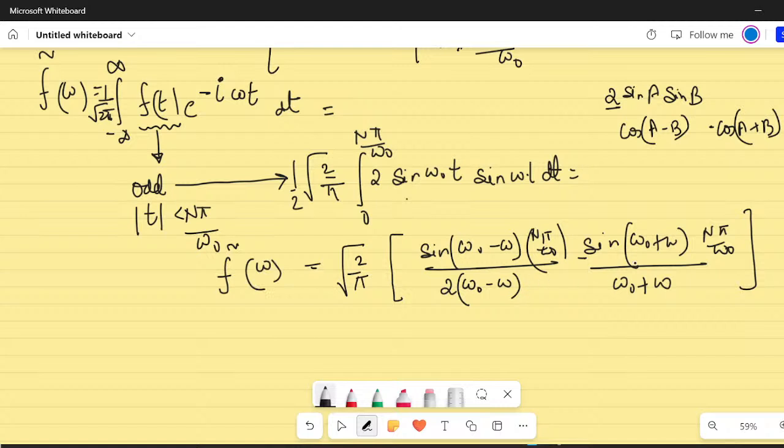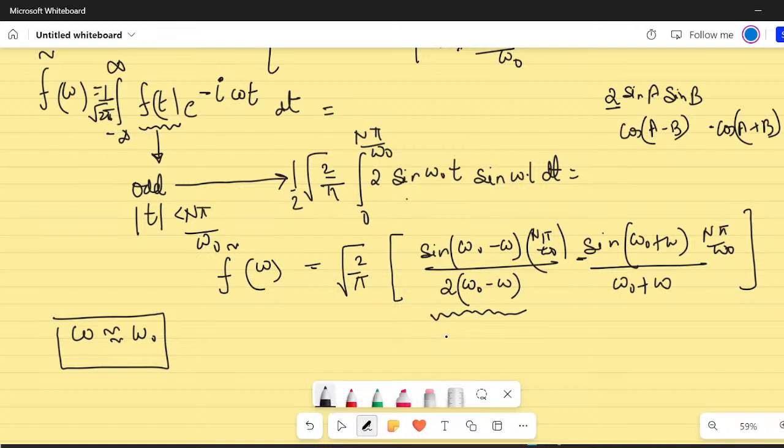So one can clearly see that for frequencies which are close to omega naught, the first term would be very significantly large compared to the second term. As omega tends to omega naught, this first term would be very large.